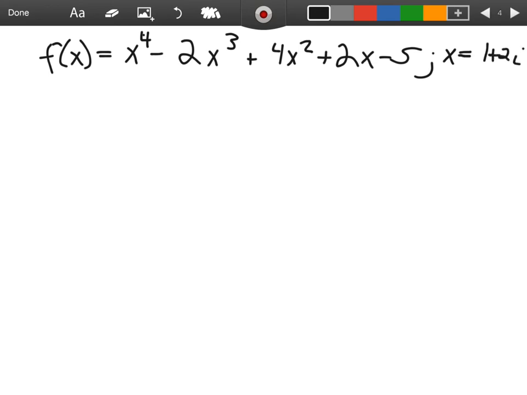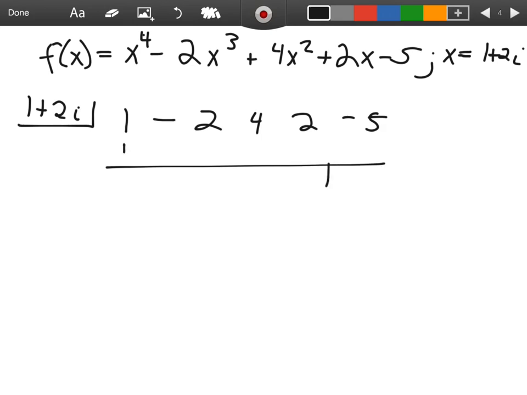Okay? Now, the arithmetic is just going to be a little bit more cumbersome here. So, up here at the top, I'm going to go ahead and do the synthetic division, but I'm going to have to use the bottom for doing some arithmetic. So, I don't have any missing terms, so I have 1, -2, 4, 2, and -5. Okay? Let's drop the first number down, then I have 1 plus 2i, which gives you -1 plus 2i. Then I need to do 1 plus 2i times -1 plus 2i.